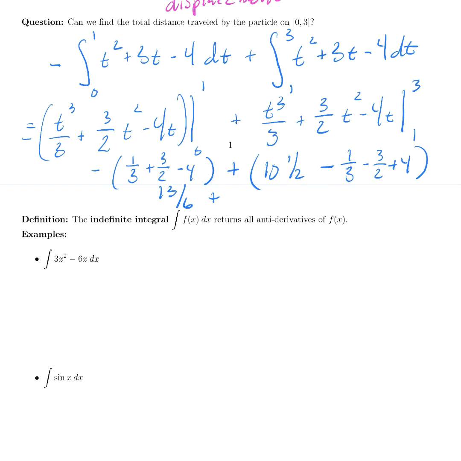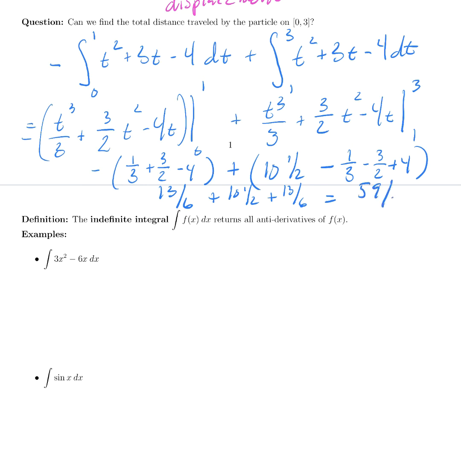And 13 sixths, 10.5. So we get plus 10.5 plus 13 sixths. Let's see, 10.5, 21 halves, 33 sixths. So we get 33 and 13 is 46, and 13 is 59.